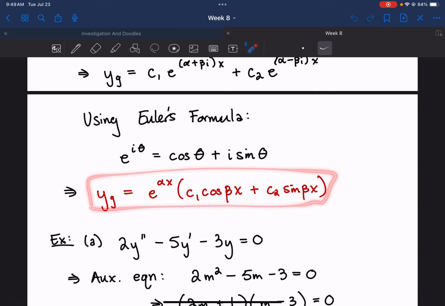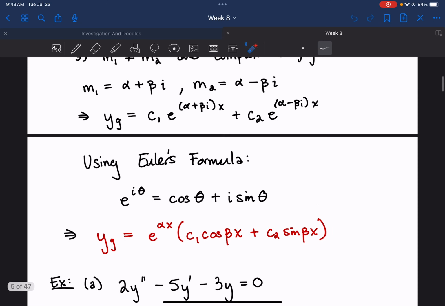So you get e^(αx), where alpha is the number that shows up in both of the complex conjugates. And then you get c1 cos(βx) plus c2 sin(βx). So you kind of ignore the plus minus sign, but the alpha and the beta just show up in the solution.